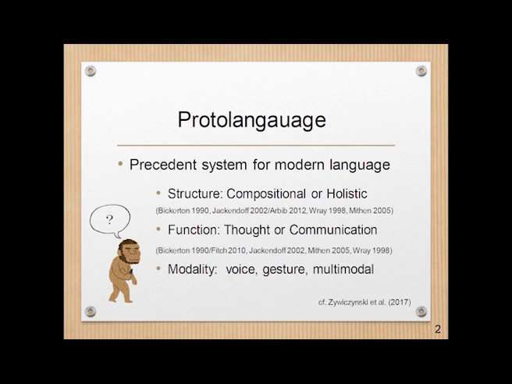It's about whether the function of protolanguage was representational, in the sense that it enabled complex internal thought, or communicative, in that it enabled effective communication. And if we think the main function of protolanguage was communication, a problem of monarchy will also arise.